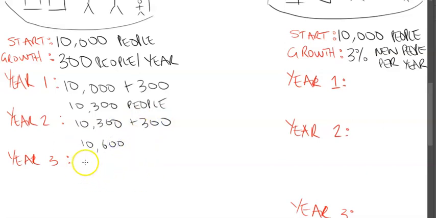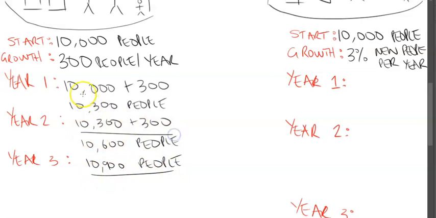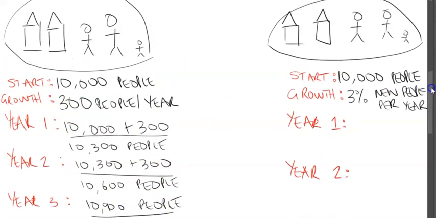And then you can kind of see the pattern, 10,900 people in the third year, and this trend will keep happening. You're just adding 300 people per year, because this is the growth that has been established. So this here is what we call linear growth.